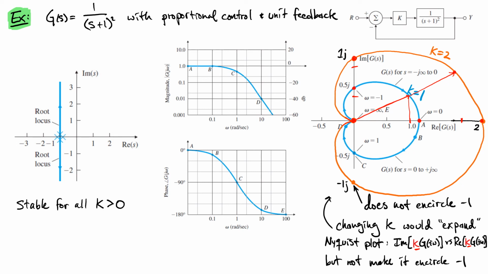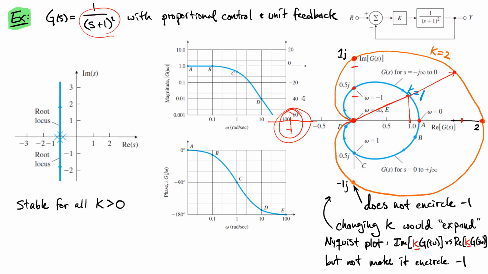And so for that reason, you can be extremely confident that this point -1, which is the critical point for evaluating Nyquist stability, is never going to be encircled. So what we can say is that with 2 stable open loop poles and no unstable open loop poles, the Nyquist plot is never going to encircle -1. And that means it's going to be stable for all gain values.